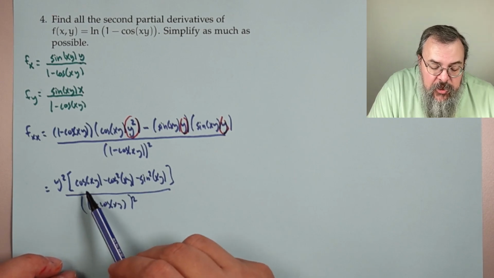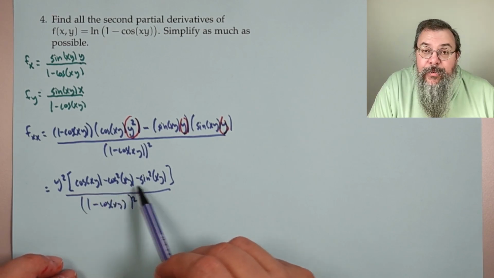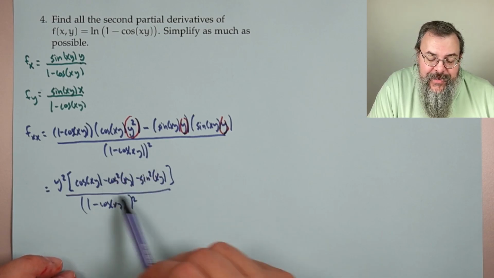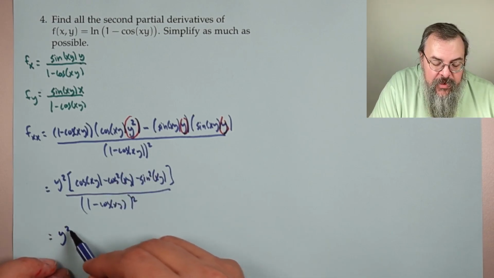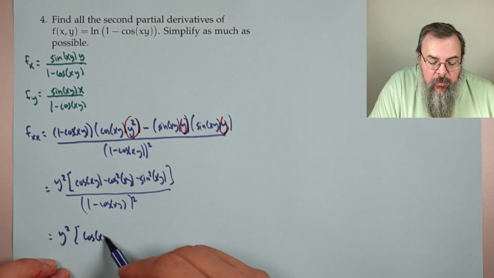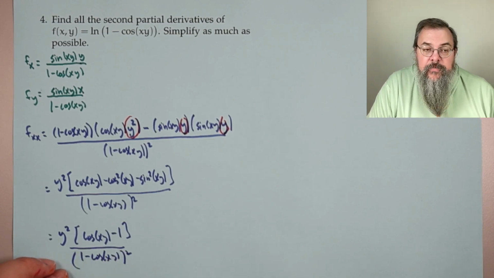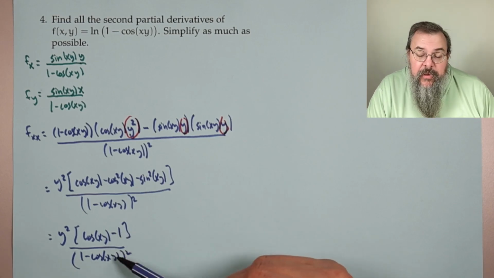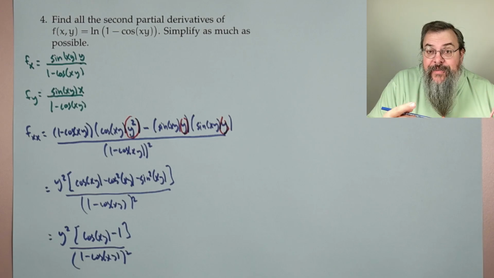Well, what do you see here? Well, we see cosine xy minus 1. Cosine squared, sine squared. Oh, all right. So y squared times cosine xy minus 1 over 1 minus cosine xy squared. Well, notice these are almost the same, up to a minus sign.